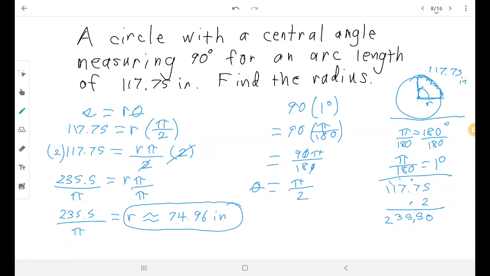So that is the approximate radius. And again, pay close attention to how they want you to calculate that. But that is finding radius using the arc length formula. I'll give you a moment to look at that.